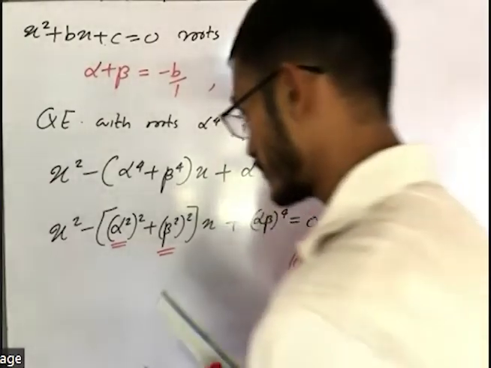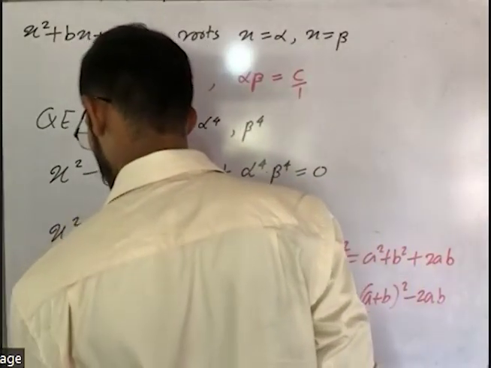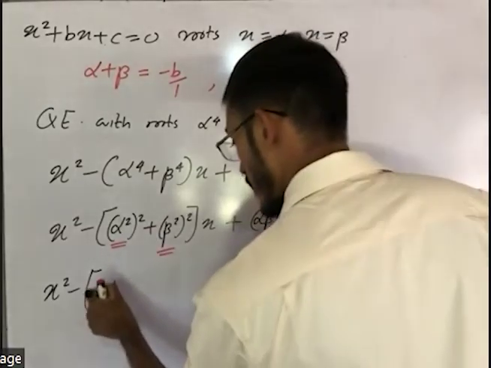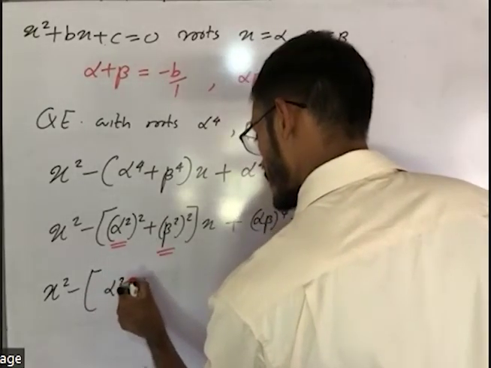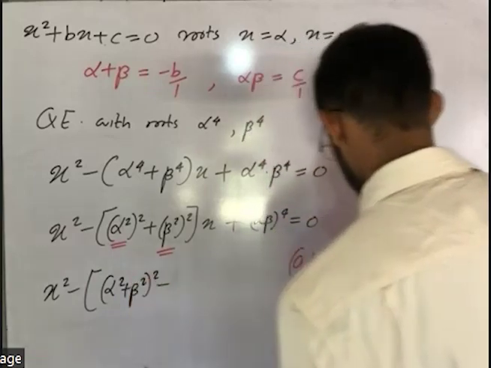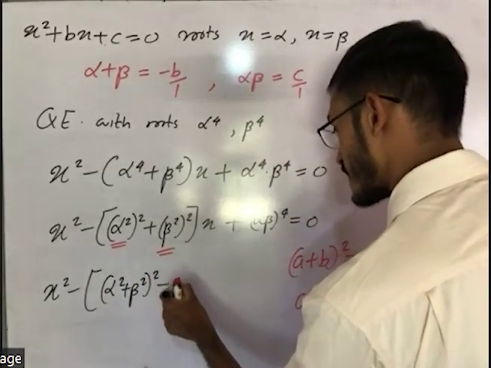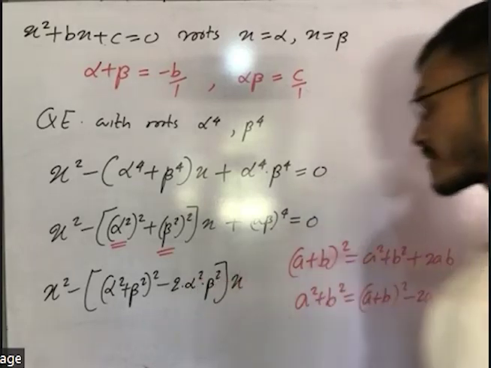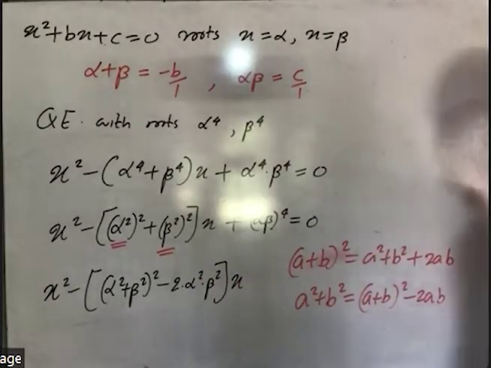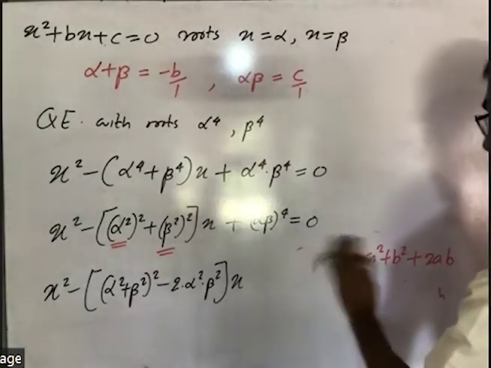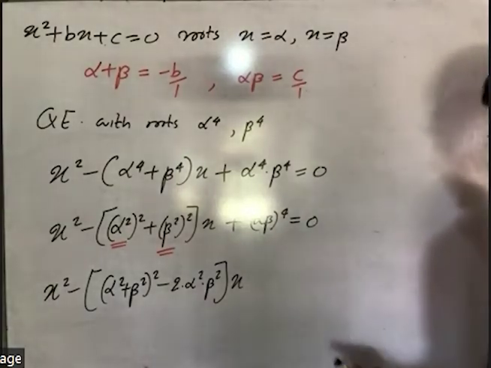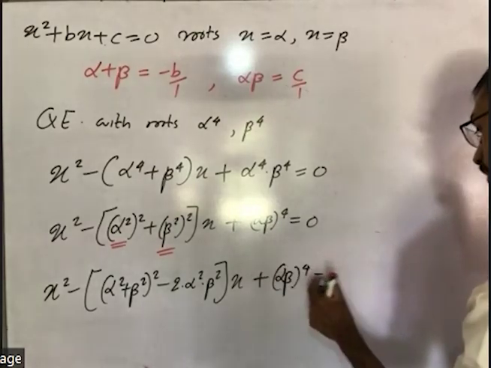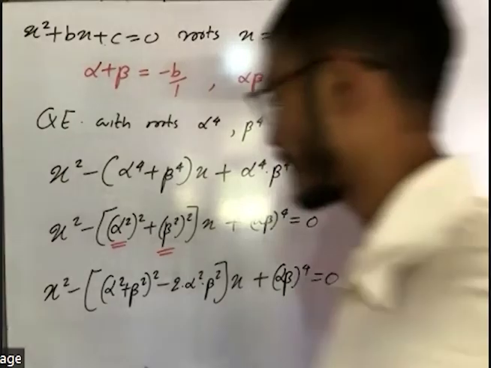So we can write down x square minus alpha square plus beta square of the whole thing minus 2 times ab, that means alpha square into beta square, into x plus alpha beta to the power 4 equal to 0. Right.